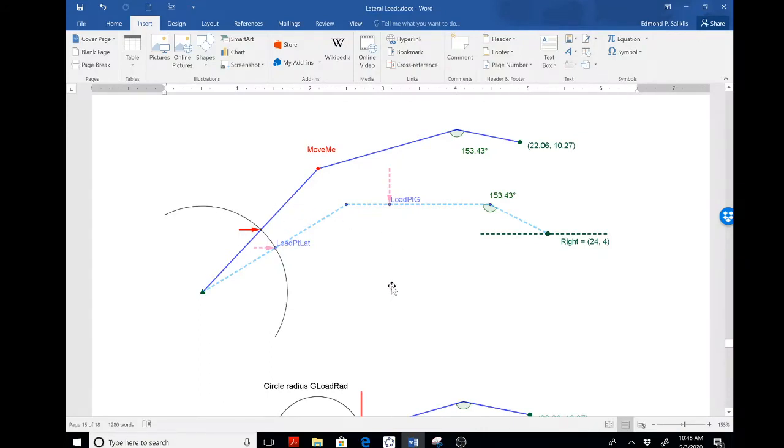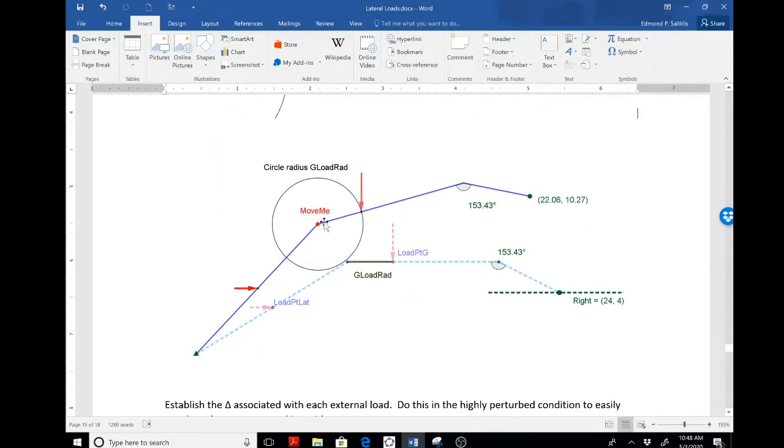Second step is just one little whisker different. There's probably another way of doing this, but I figured out how far the load point for the gravity is from this juncture, and I called that gravity load radius, and then from this juncture, the move me point, I made a circle of gravity load radius, and that was super easy.